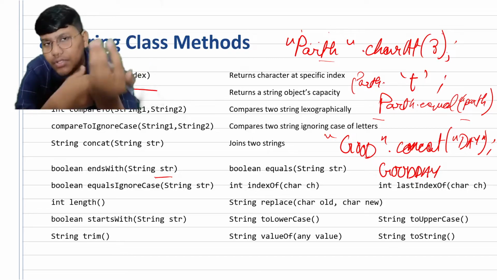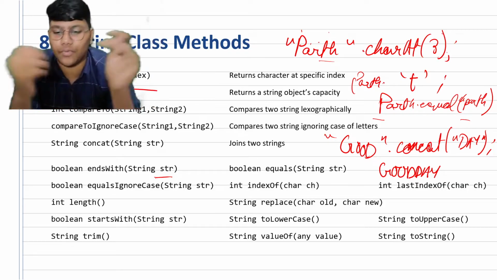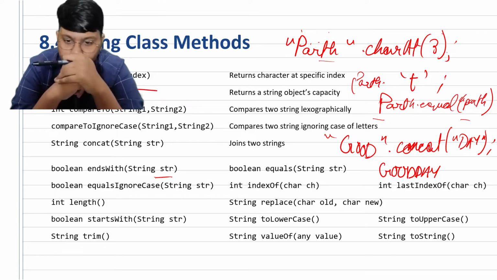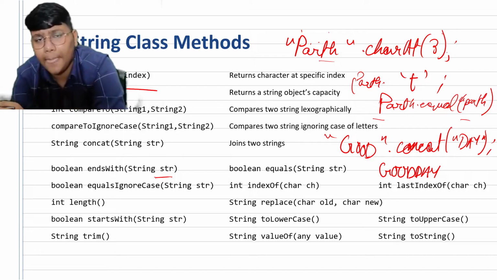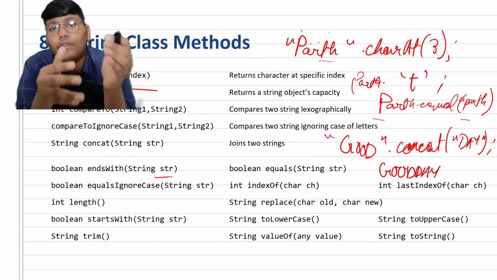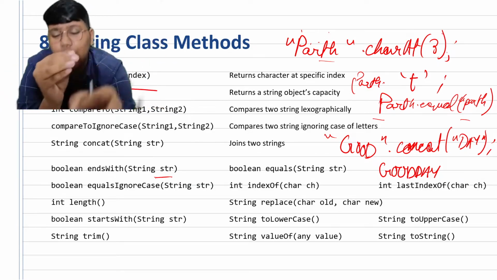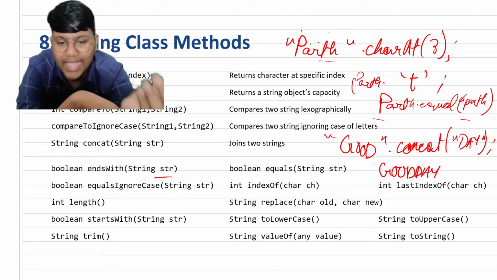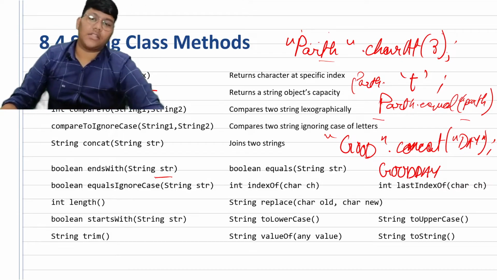If there is no space, it will not show an error, but if there is a space, it will be removed. String valueOf(any value), as we were discussing in using library classes, any value put here will be converted to string, and for string to string it will just return the string. It is a useless method.